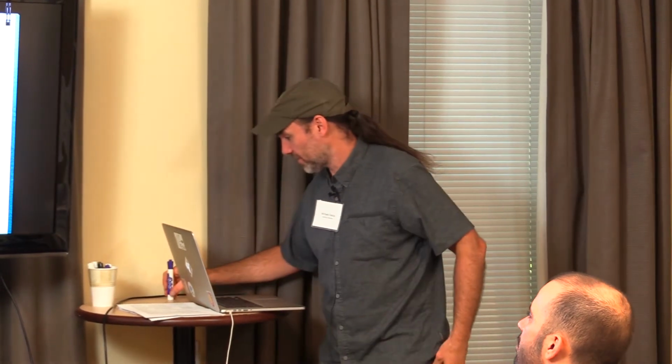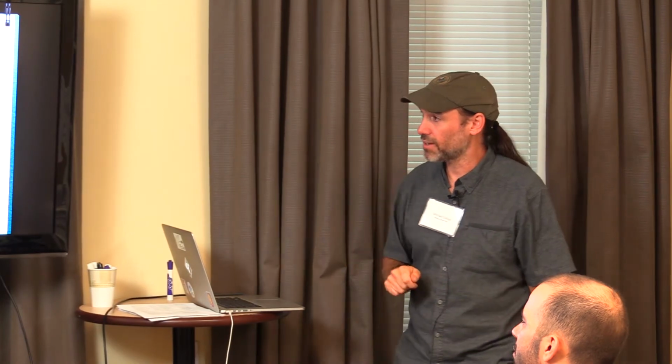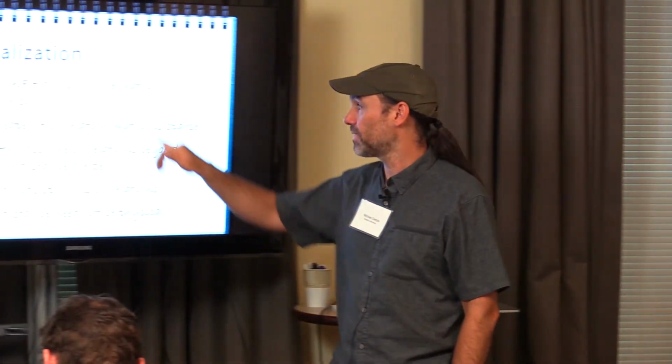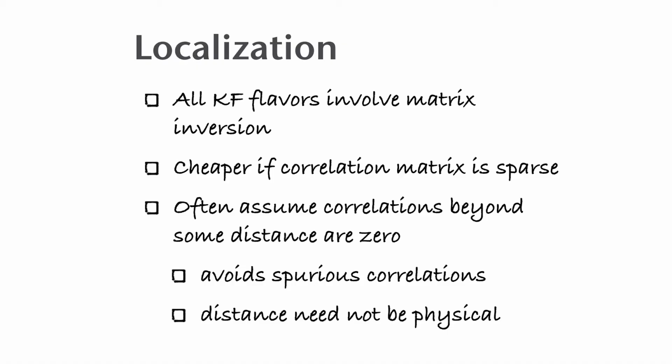Okay, another thing that actually does apply to all Kalman filter variants as well. I mentioned when I introduced the Kalman filter that the real computational cost of the Kalman filter is that matrix inversion. So as the number of states in my model gets large, the size of that covariance matrix gets very large, and the math for the analytical solution of combining the two involves a number of places where you have to invert matrices, particularly that covariance matrix.